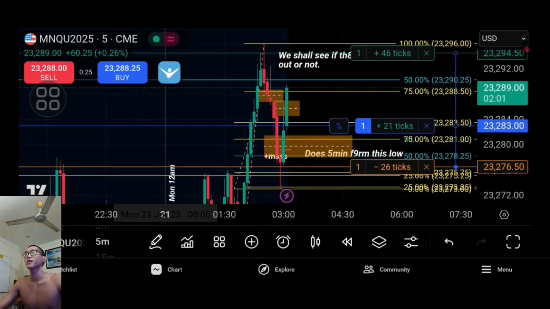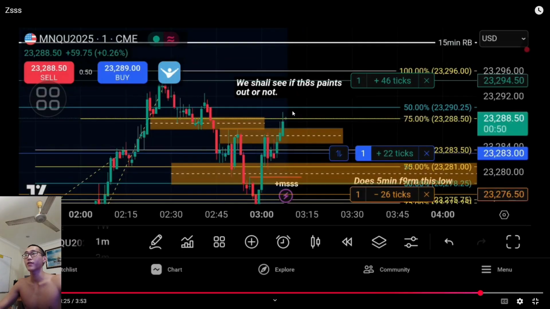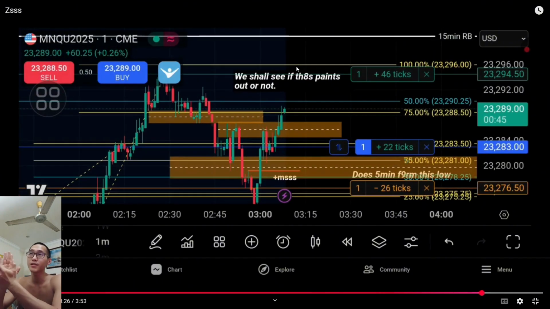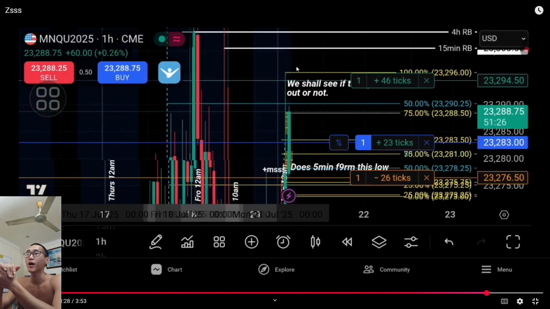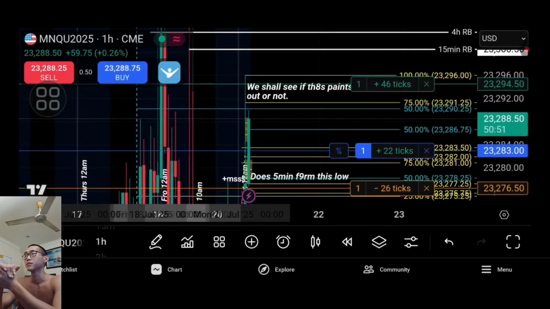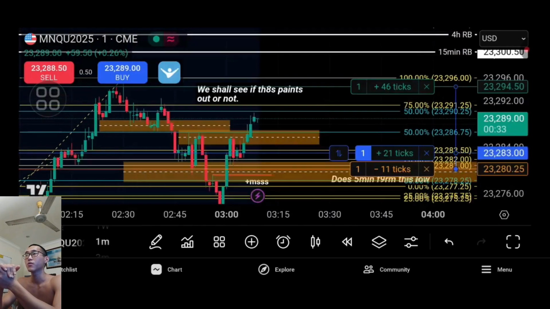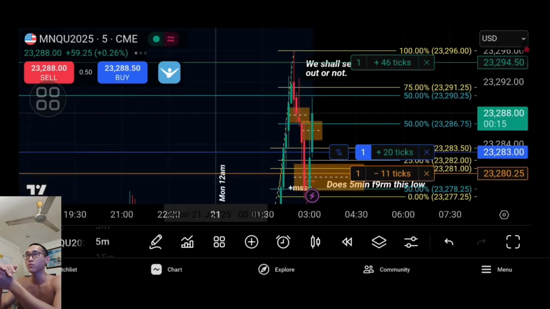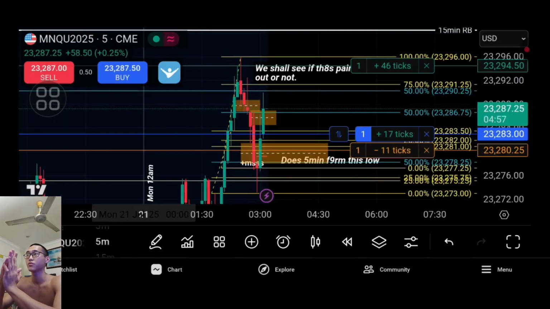Like I said, when we are around the 25%, from here to here, we are above the 25%, I want to see price spiking up now. I don't want to see price hovering around anymore. I want to see price start spiking up.